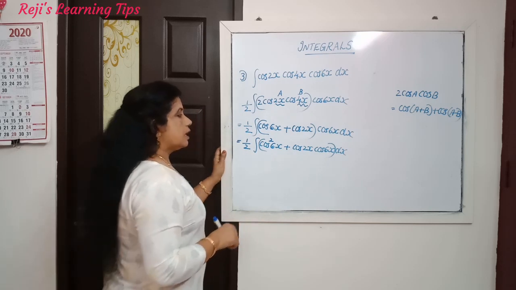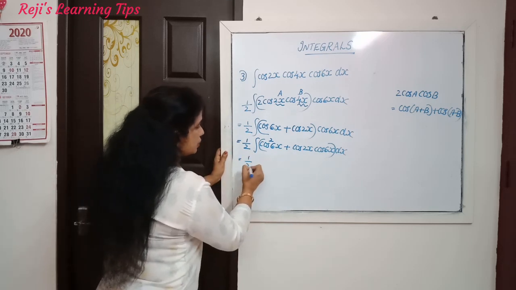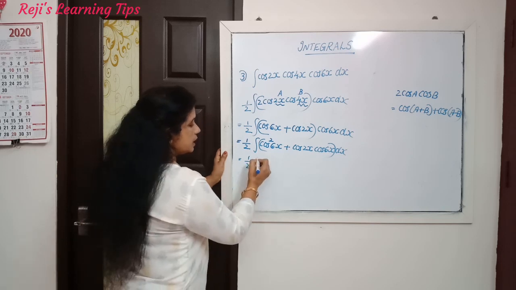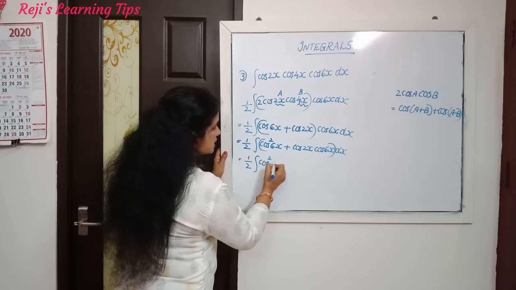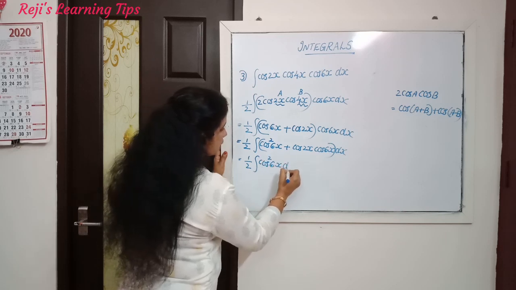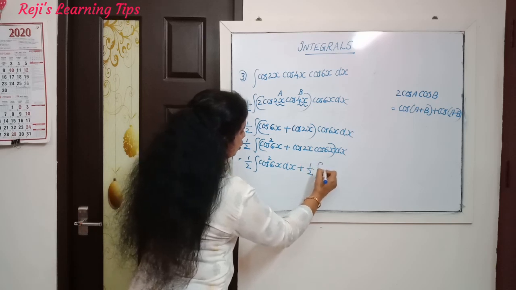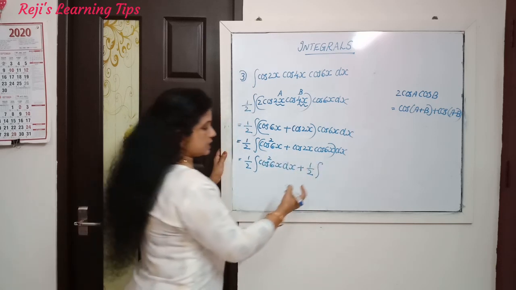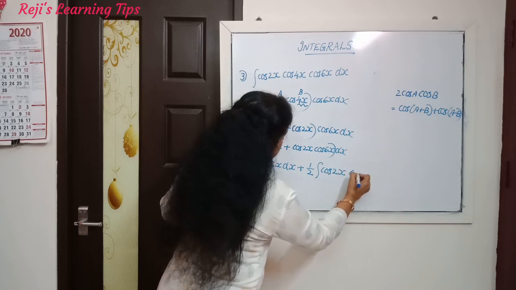Then next step: 1 by 2 into the integral of cos square 6x dx plus 1 by 2 into the integral of cos 2x cos 6x dx.